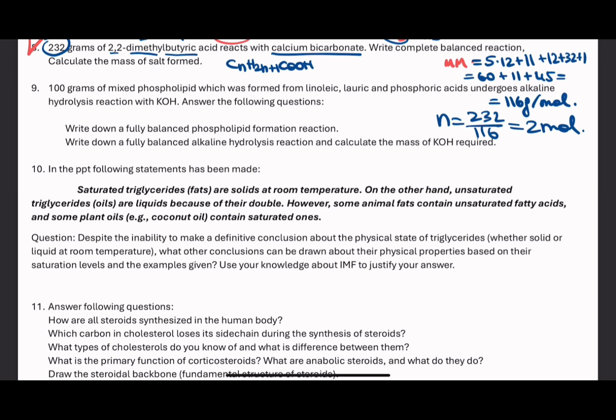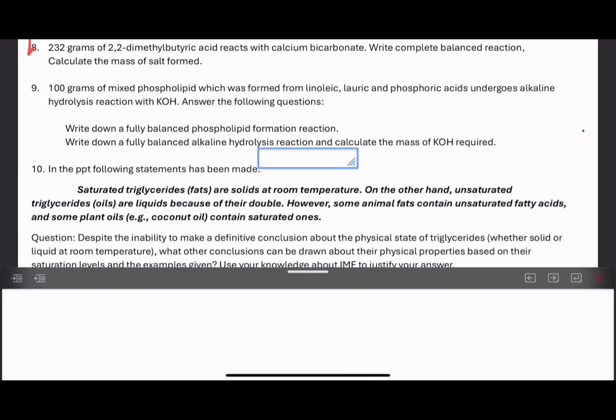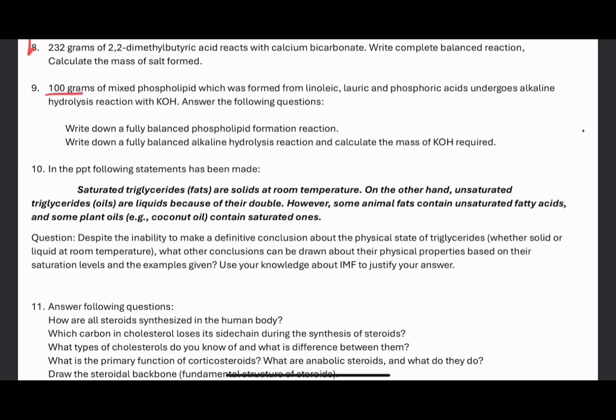Okay, now in question 9 we have the following information. It says that we have 100 grams of mixed phospholipid made from linoleic, lauric, and phosphoric acids. So in here we need to write down the fully balanced phospholipid formation.